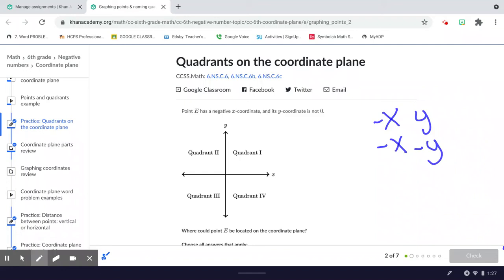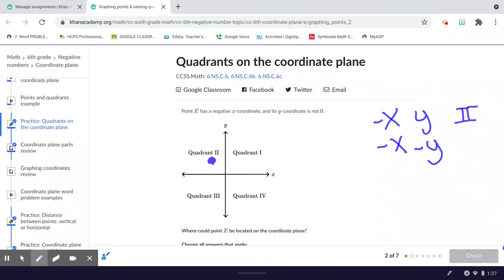So, say for instance I were to plot these points. Negative x would go to the left, and then a positive y would go up. So this point will be over here somewhere in quadrant 2, because my positive y's and my negative x's are in quadrant 2. So this one will be in quadrant 2.